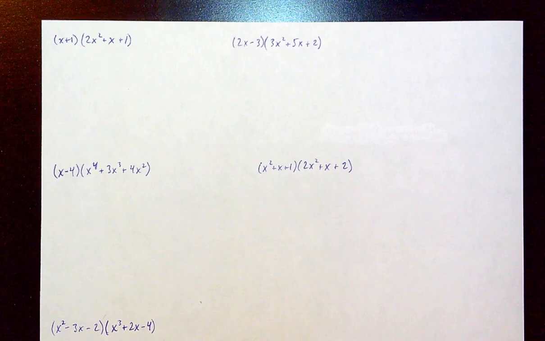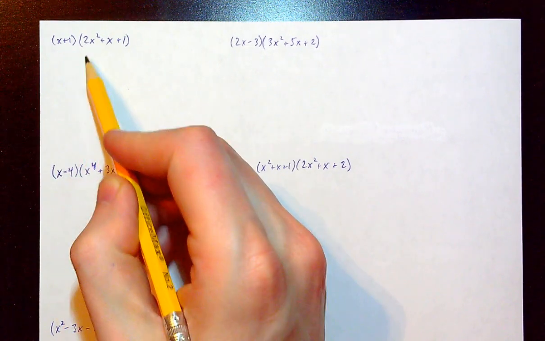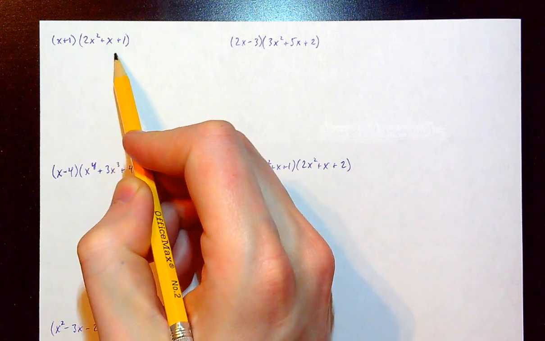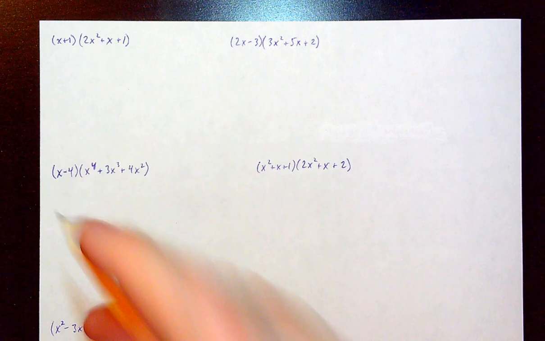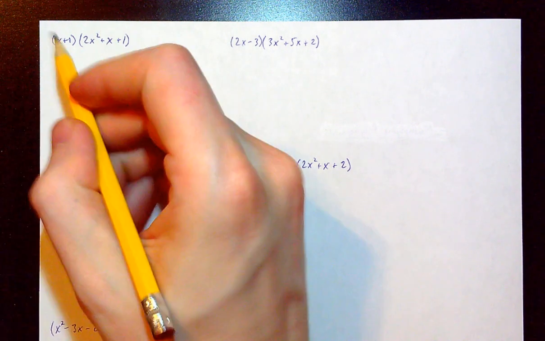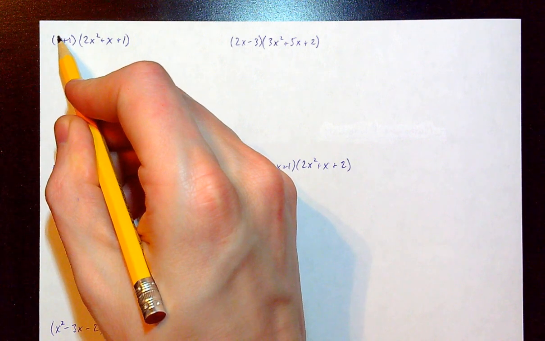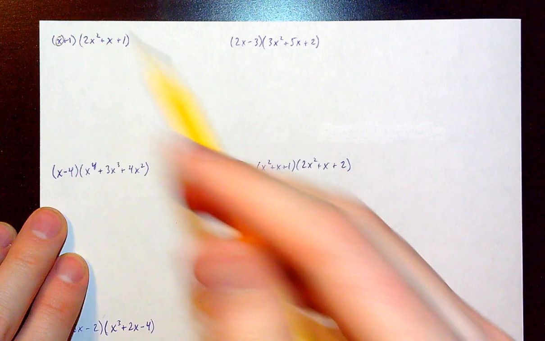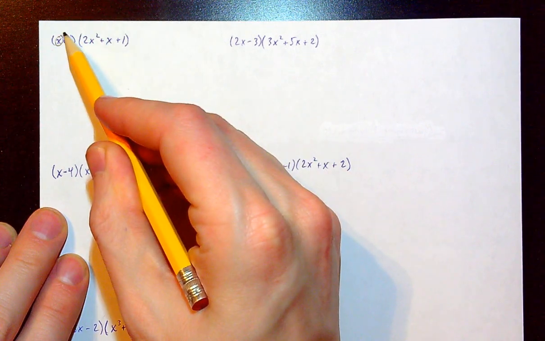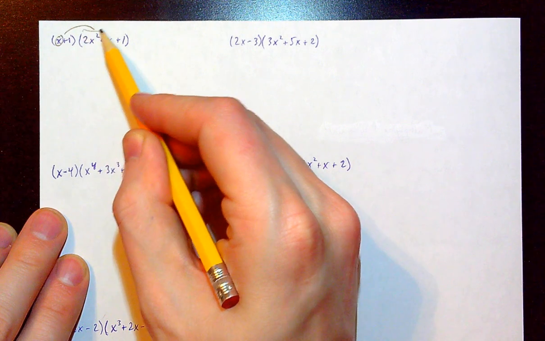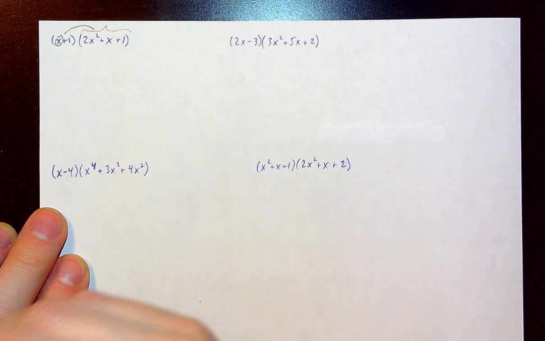So first one here, x plus 1 times 2x squared plus x plus 1. So again, we're going to look at it the same kind of way. Take the first term in the first polynomial, and we will distribute that to the entire second polynomial.